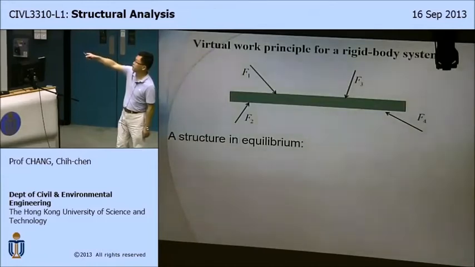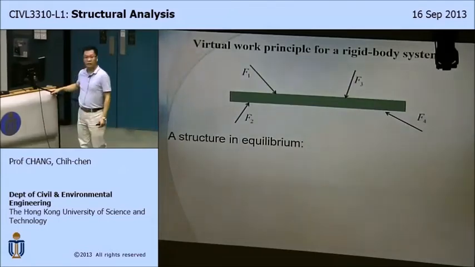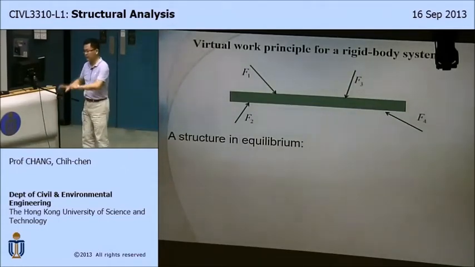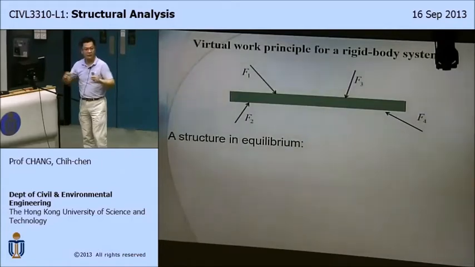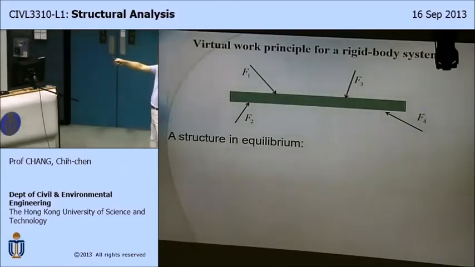Rigid body means that the system is not deflecting, no curvature. The whole thing is just a rigid body, so if you move, the whole thing has to move as a rigid body.